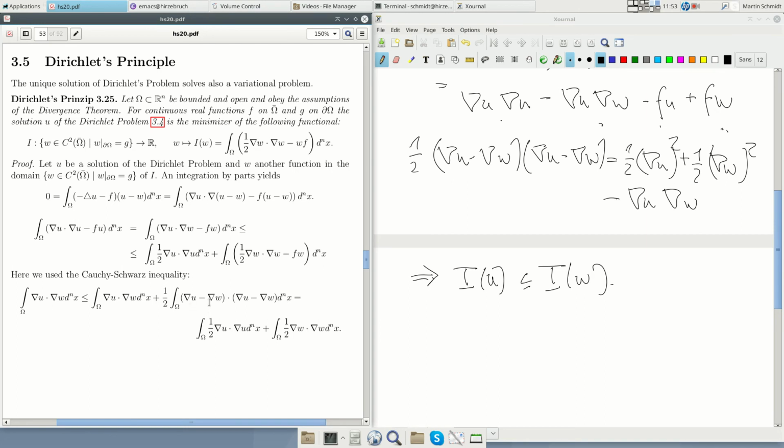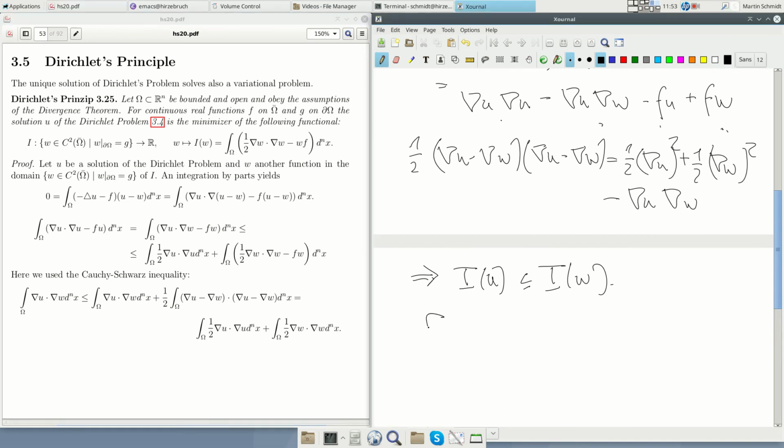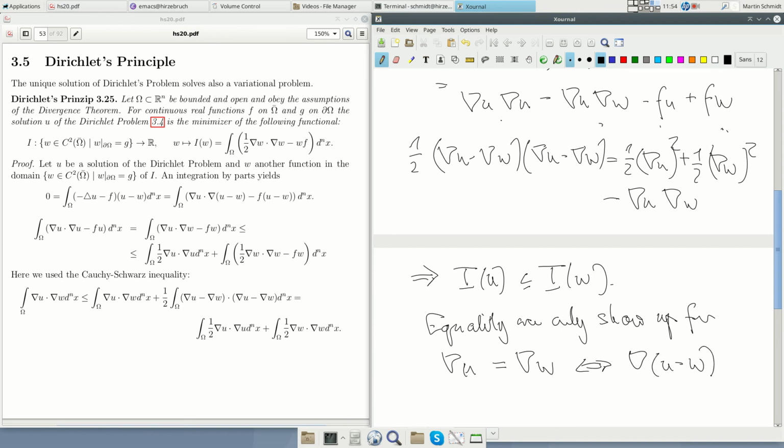So equality can only show up for gradient u equal gradient w, or equivalently, gradient of u minus w is 0. So this means u minus w is constant.